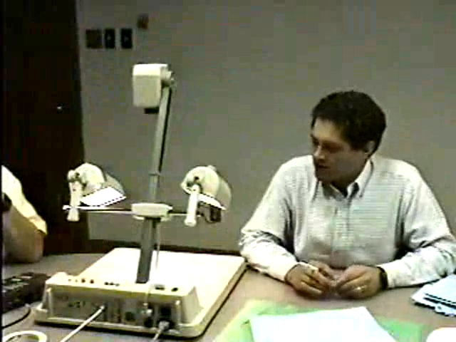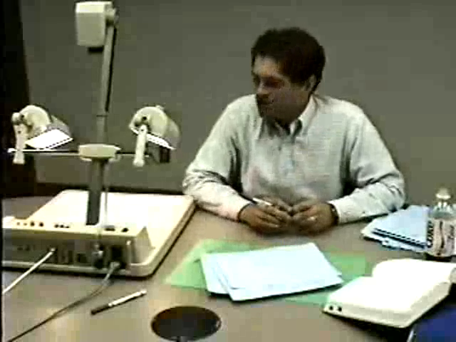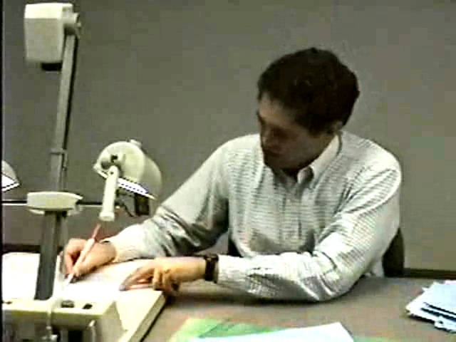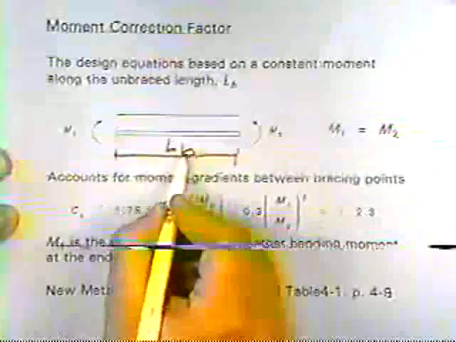Okay, in those design equations that we looked at, if you derive those formulas, you assume that you have a constant moment diagram, meaning that the moment is the same or constant all the way across the length of the beam or along that unbraced length.